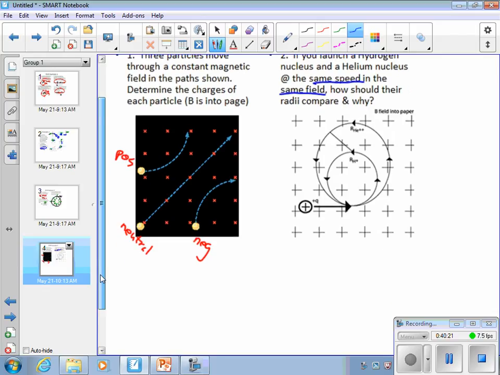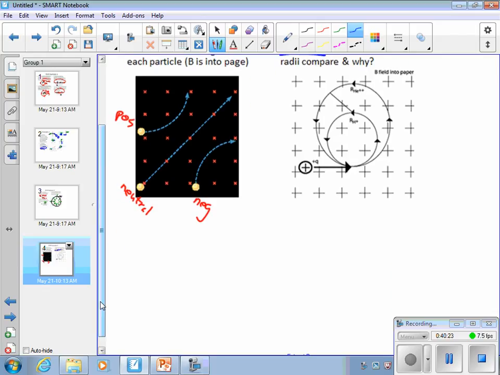Well, what was our equation from earlier? Yes? Mass times velocity divided by radius is equal to charge and the effect of the magnetic field. What are we likely to be solving for here? We're asked about the radii, so I should rearrange this solving for r, yes?